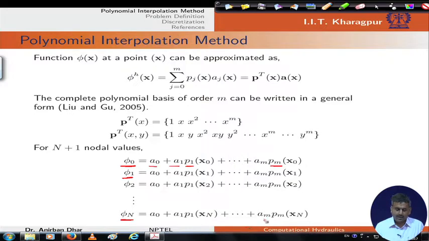Similarly, we can represent. So, starting with this we have n plus 1 nodal values. Similarly, we have m plus 1 polynomial function values, or a in this case. So, let us use this for our calculation. We have represented these nodal values, n plus 1 nodal values, in terms of a and p.